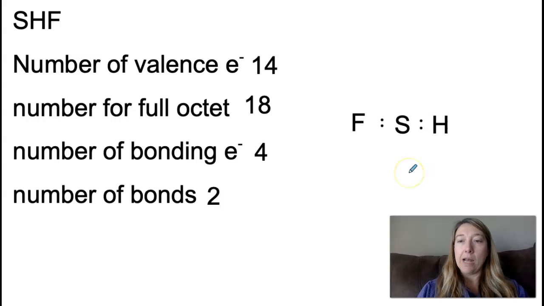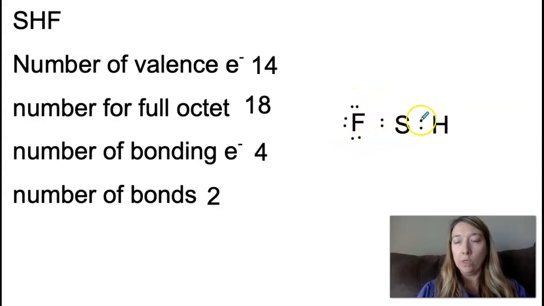So the next thing we have to do, now that we've figured out the bonds, is fill in the valence shells. So we have fluorine. We know fluorine wants 8. Right now it has 2. So we're going to give it a pair on top, a pair on the left, a pair on the bottom. Okay, that now gives my fluorine 8. Then we go to sulfur.